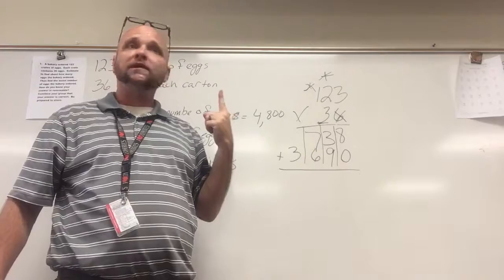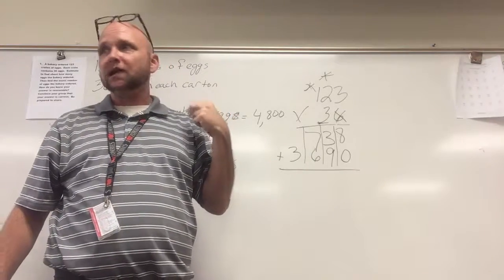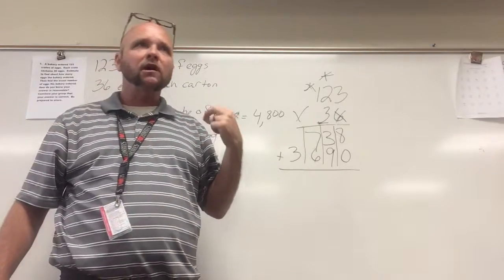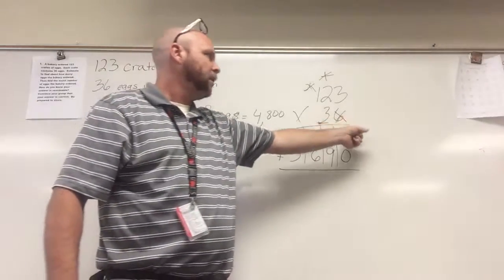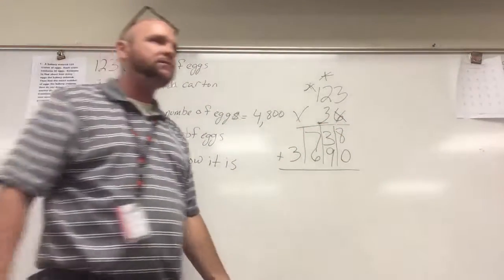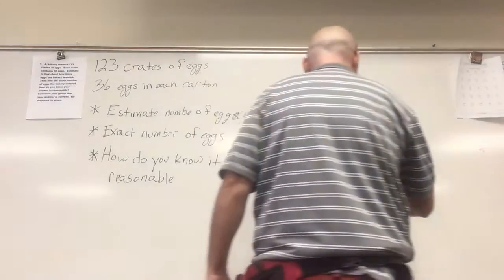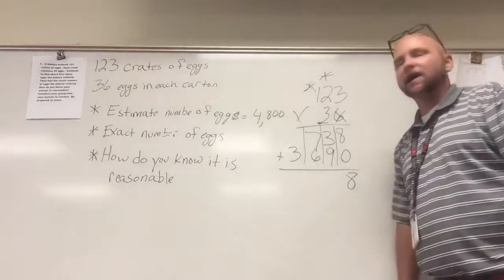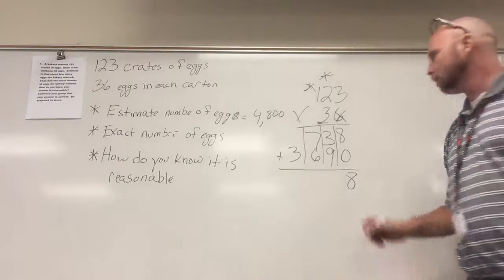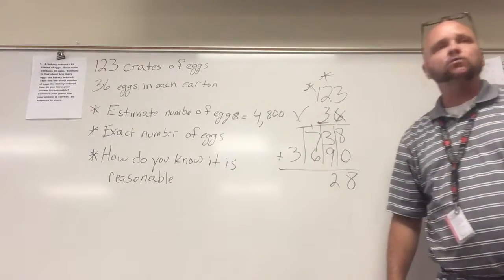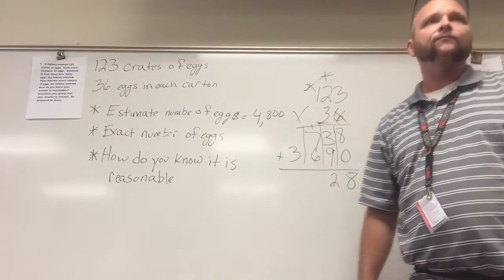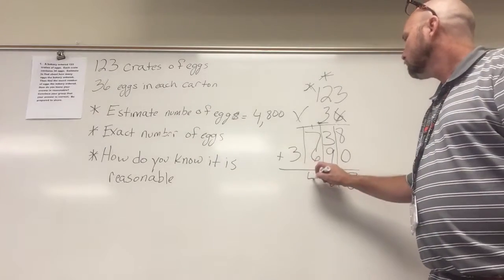So if you can do your one-digit multiplication and you can add, you will never have trouble knowing how to do this. Now I add my ones place. 8 plus 0 is 8. My tens place: 9 plus 3 is 12. Carry my 1. My hundreds place: 1 plus 7 plus 6 is 14. Put down my 4.